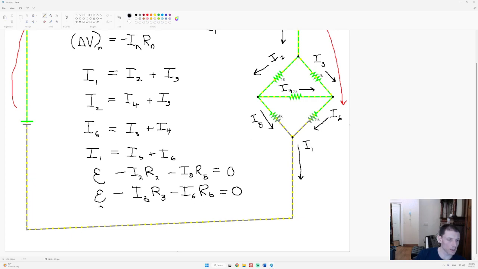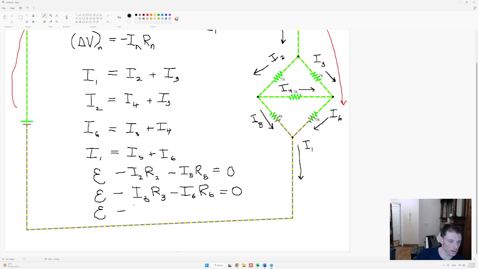We could go up by the EMF of the battery, and now we're going to go through this middle resistor. It doesn't matter which way we go, but let's say we go into this node here. We go down through R2, then we go through R4, and then we go through R6, right?